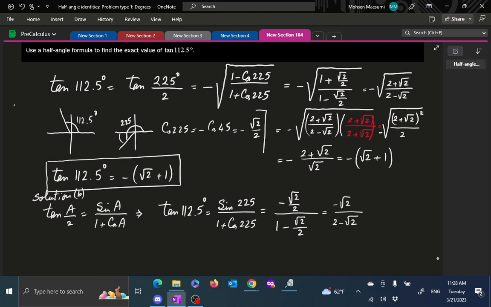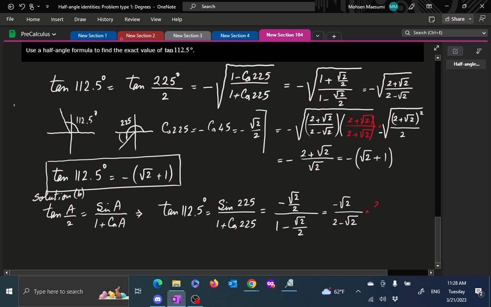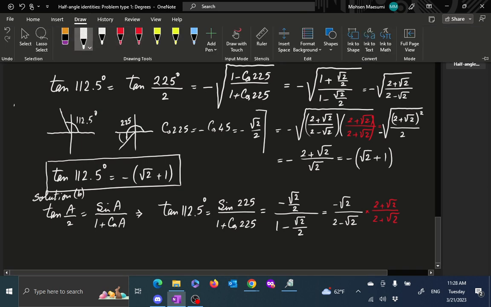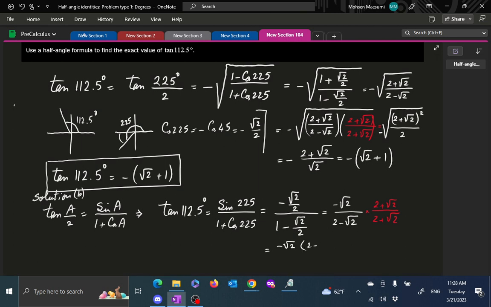Okay, why is this the same as everything I had over there? Let's go ahead and try to clean up. So I multiply by the conjugate. So minus radical 2 times 2 plus radical 2. When I multiply the conjugate, I get 4 minus 2.